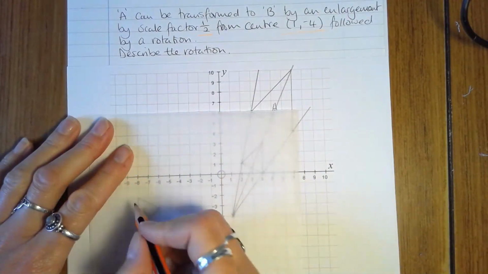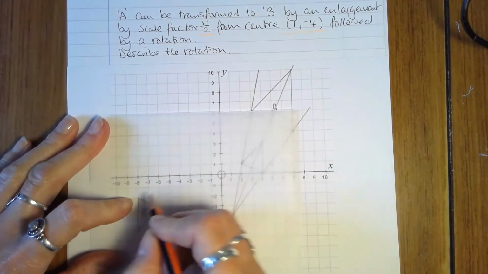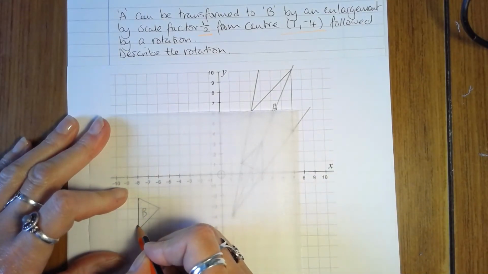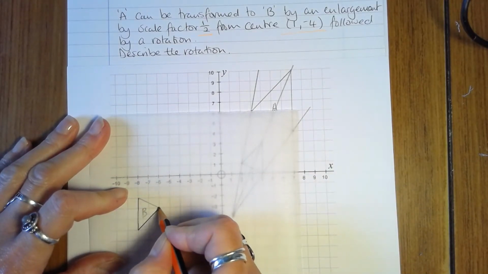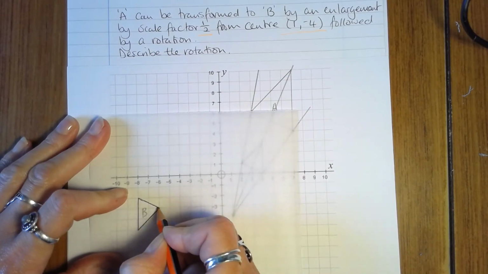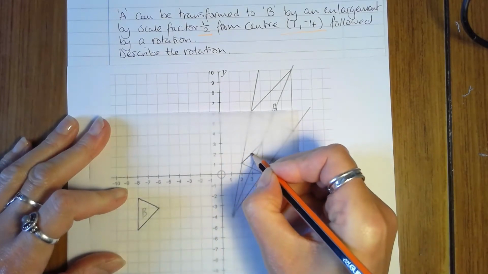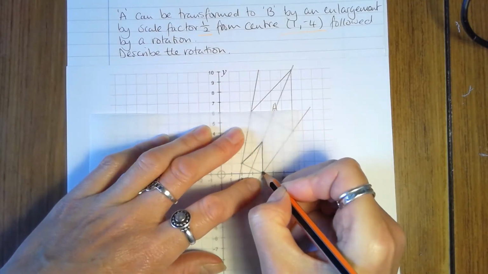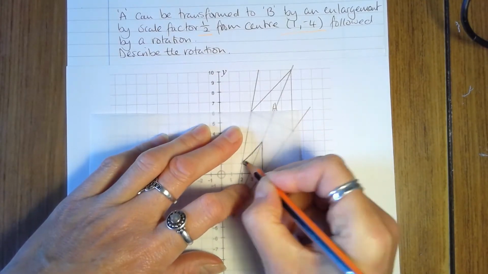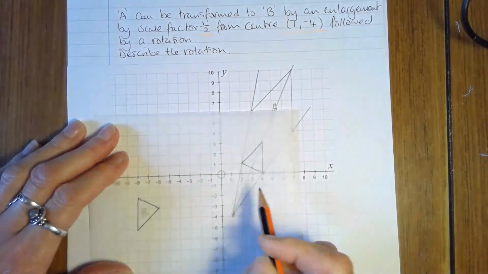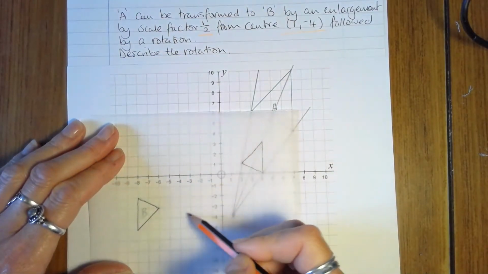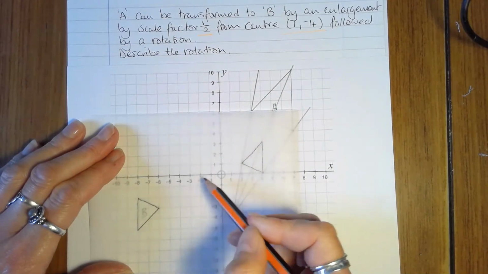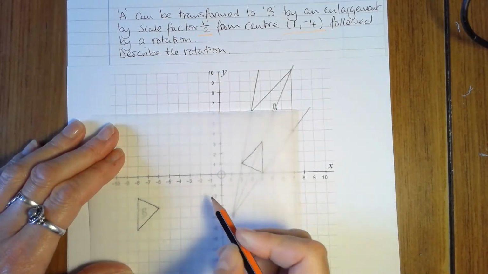So make sure, not A and B, sorry, the second shape and B. So I'm going to draw over B and draw over A. And then the usual way is to try and guess where the centre of rotation is and just have a go at rotating it.